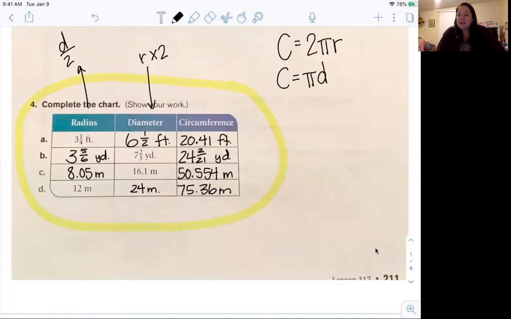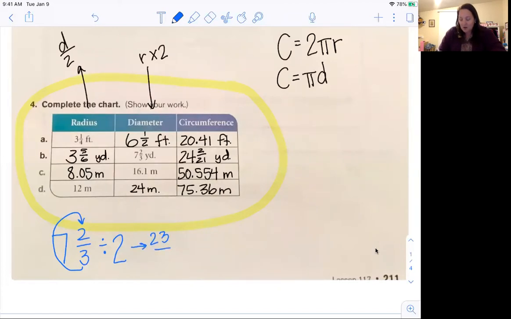Okay, so this one was a little bit tricky, and I'd like to go over this one with you because I think this one probably gave you a little bit of trouble. So if I have 7 2/3, and I need to divide by 2 to find my radius, first thing I'm going to do is backwards C. 3 times 7 is 21, plus 2 is 23 over 3 times, because remember we have to do keep, change, flip.